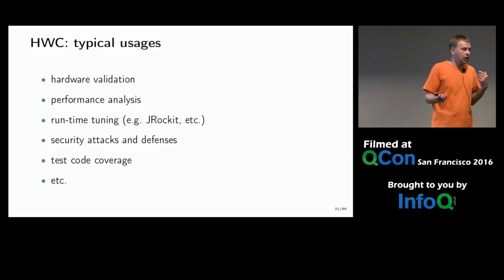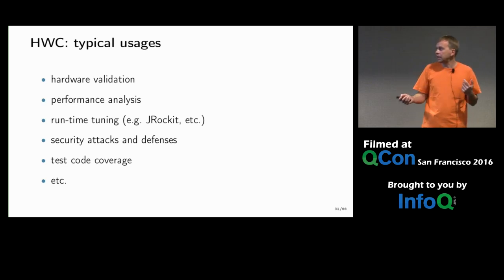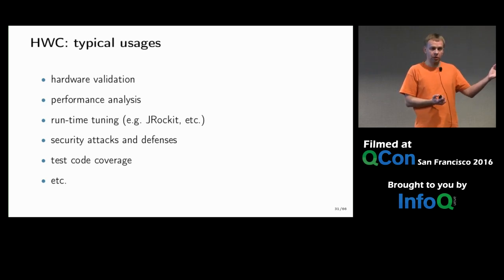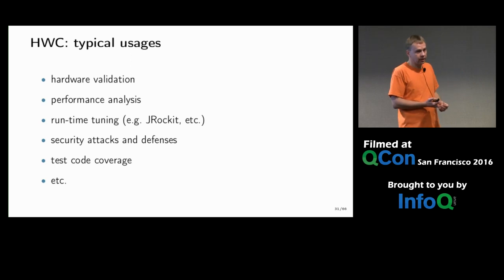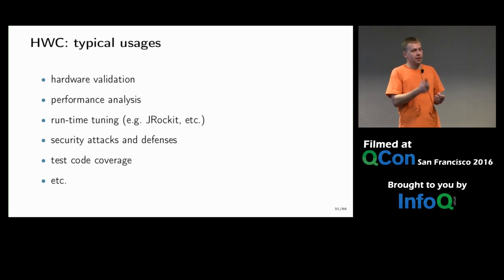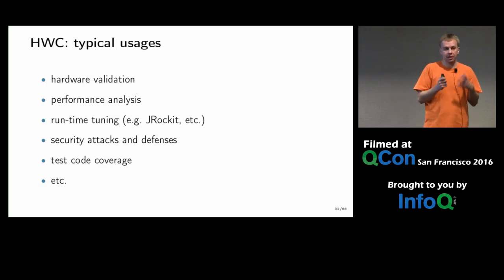For me, it was very interesting to read a lot of articles about security and defense areas. I saw a lot of situations where people collect hardware counters like branch mispredictions or cache misses about an application doing encryption, and they significantly reduce the brute force space for an attack. That is why you can't get access to hardware counters directly.